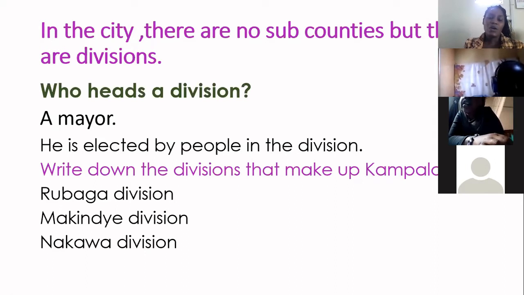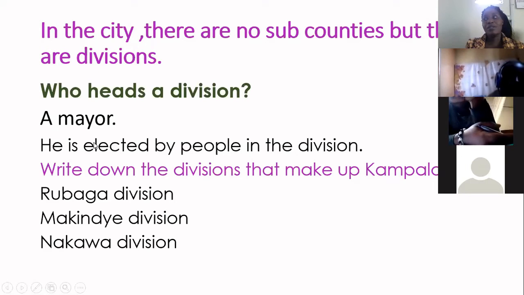Then also, as we have seen, the LC1s, the LC2s, even mayors are elected by people. They also move around, look for votes, and then the people vote them into office.